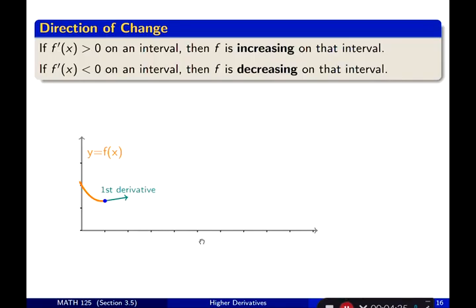The story of concavity also can be explained with the same animation. If the first derivative is becoming positive and bigger and bigger, then the concavity is upward.